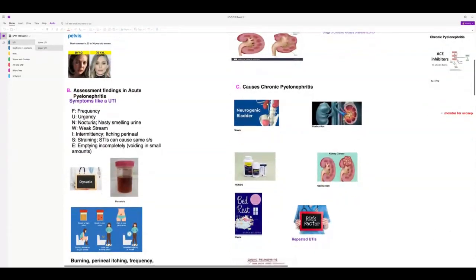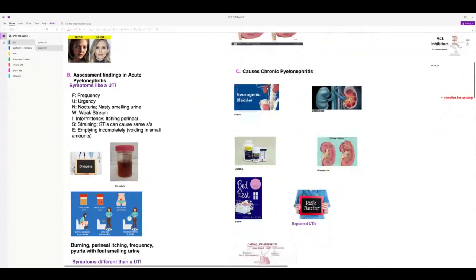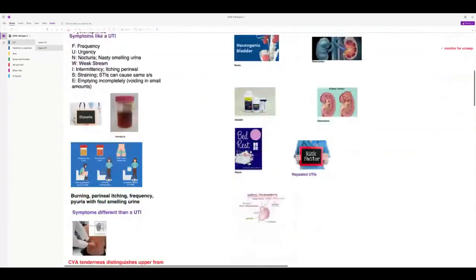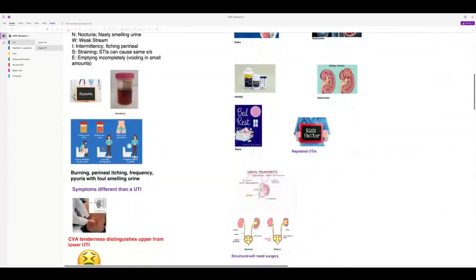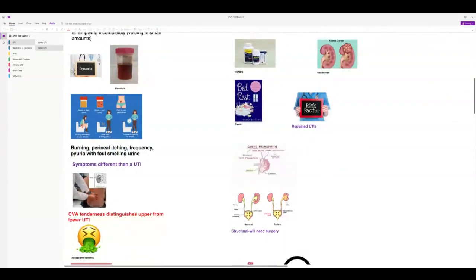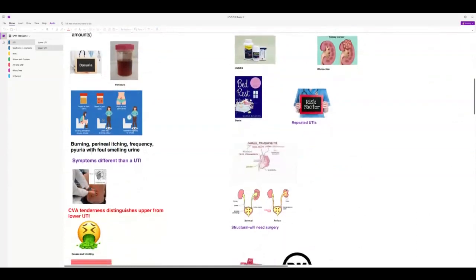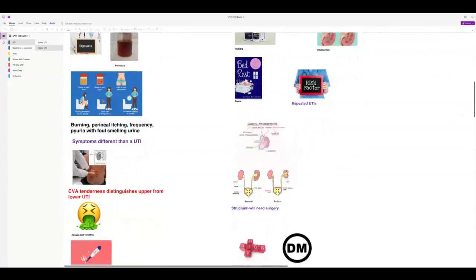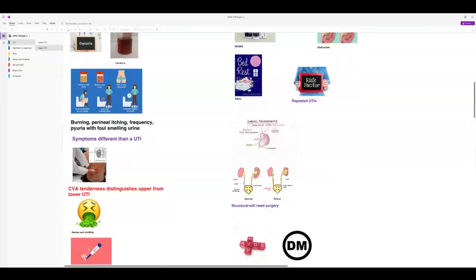It has the same symptoms as UTI: dysuria, hematuria, frequency, burning, itching. But here's something that's different than UTI. They have what's called costovertebral angle tenderness.